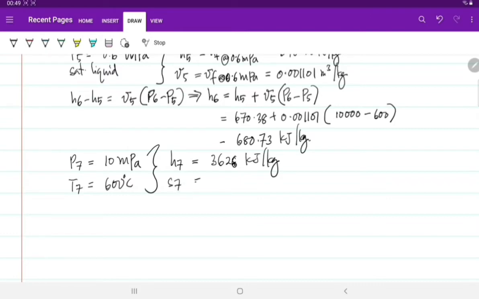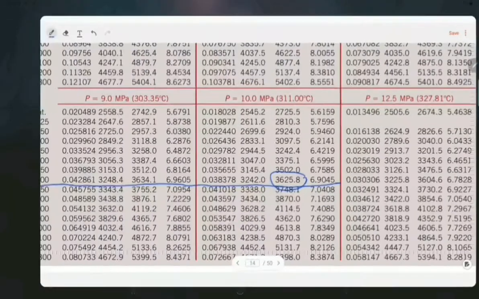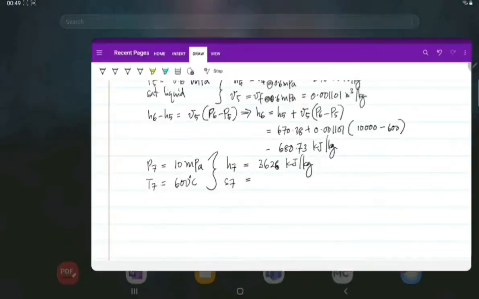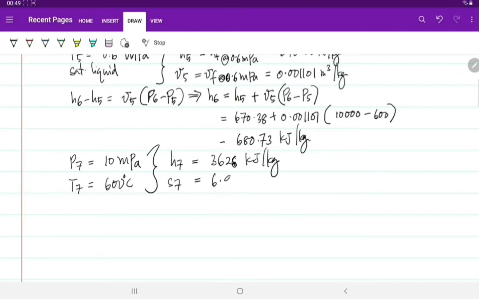Then maybe we need S7, 6.9045 kilojoules per kilogram per Kelvin. So that would be the 7.